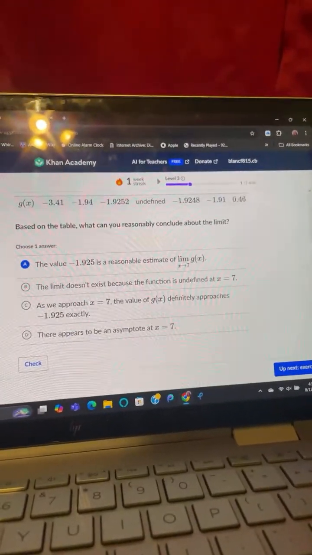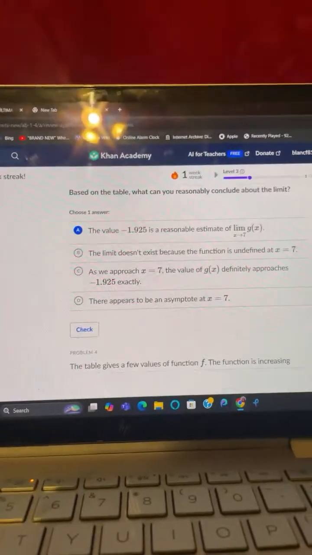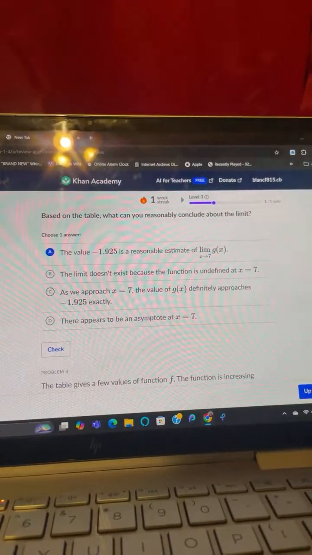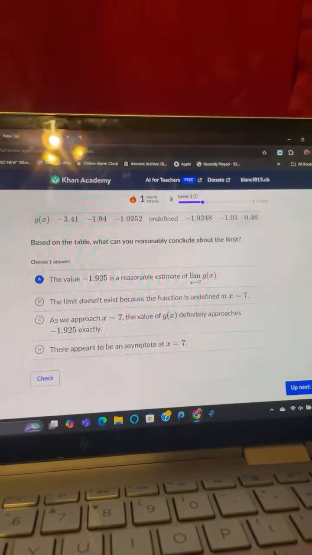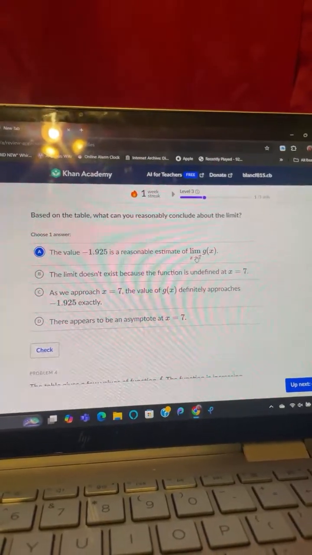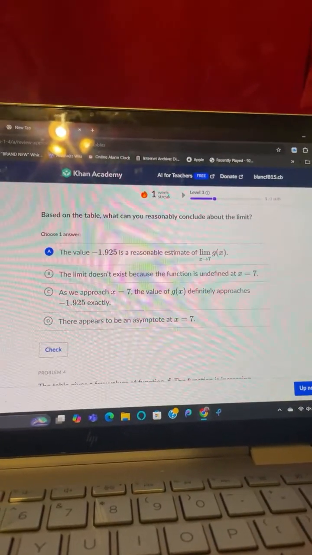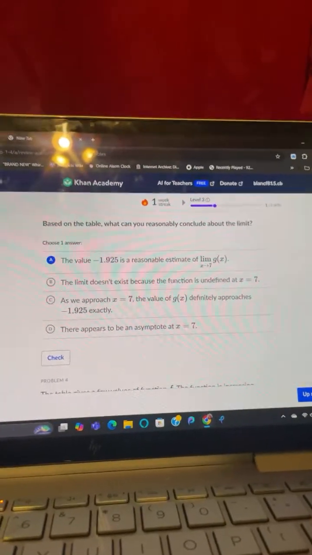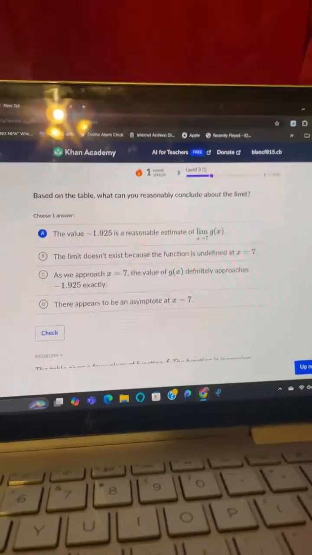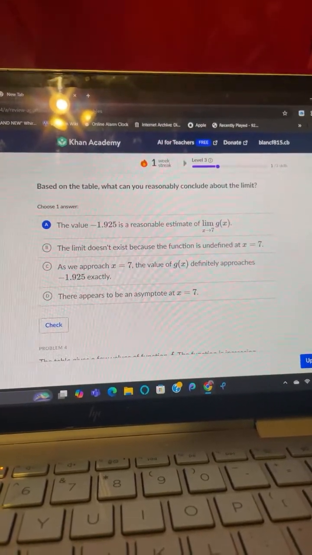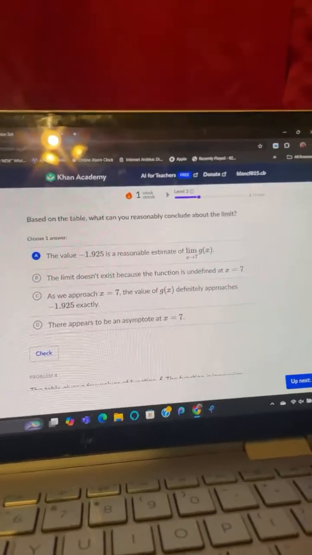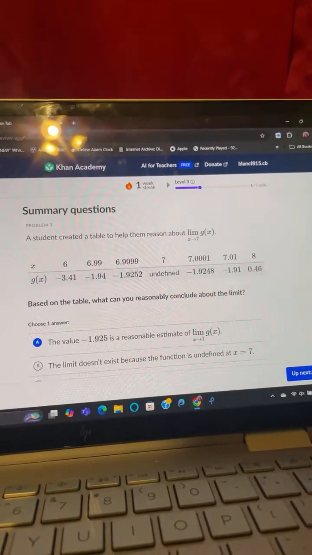So based on this table, what can you reasonably conclude about the limit? The value negative 1.925, it's negative, I forgot, is a reasonable estimate of the limit of g of x as x approaches 7. Yes, it is. The limit does not exist because the function is undefined at x equals 7. That's not what it means.